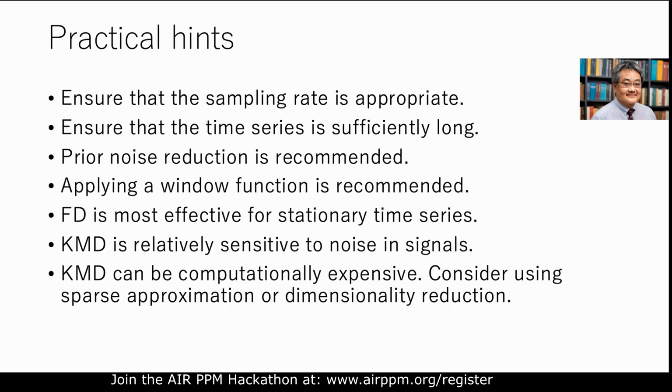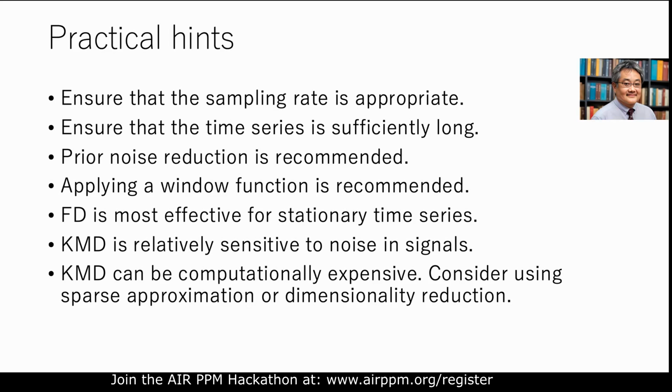To ensure accurate results, make sure that the sampling rate is appropriate and that the time series is sufficiently long. Since noise can impact analysis, applying prior noise reduction is recommended. Additionally, using a window function can help mitigate spectral leakage.